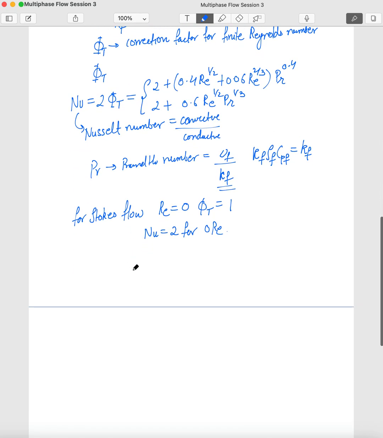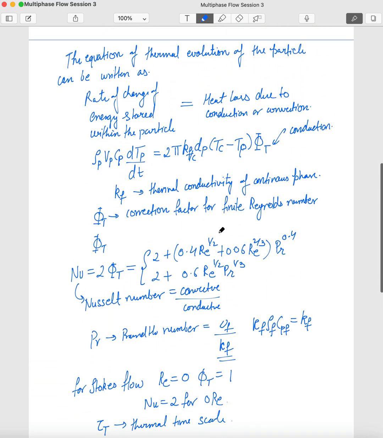So now we need to find the thermal time scale. Okay, that is called the thermal time scale.